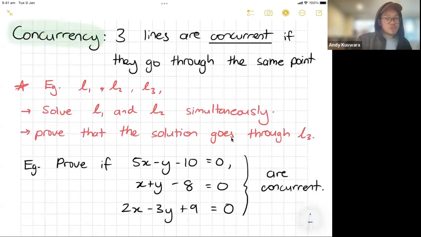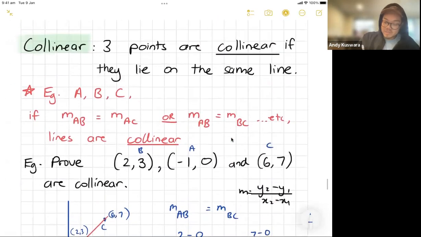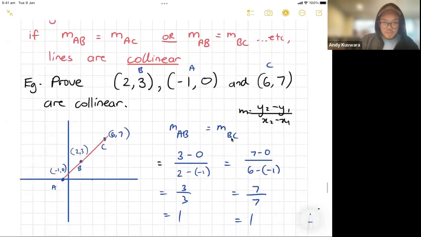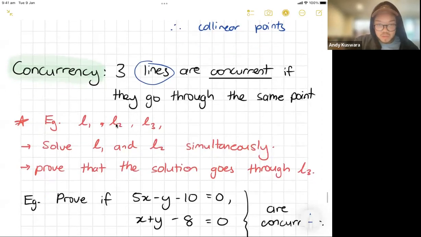Concurrent, we're talking about 3 lines. Before, when we were talking about collinear, we were talking about points. But if we're talking about concurrency, we're talking about 3 different lines. We say that 3 lines are concurrent if all 3 lines go through the same point. When I say L1, L2, L3, those are the 3 different lines.